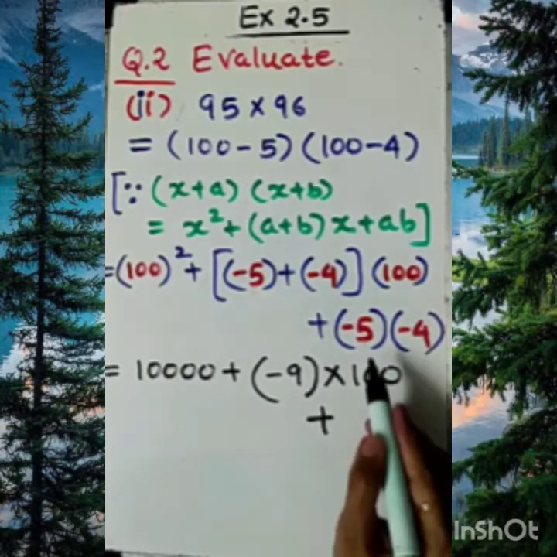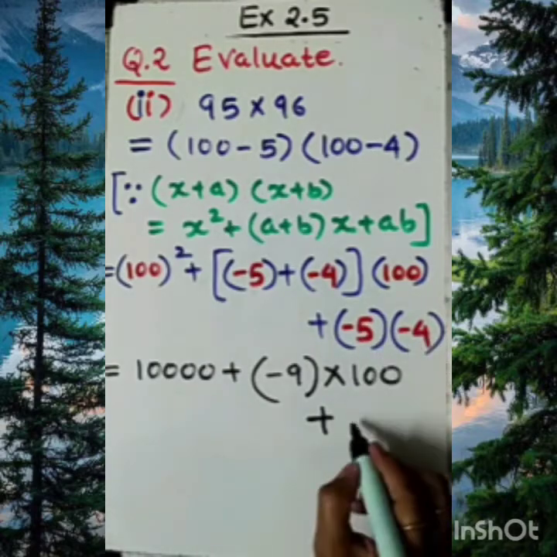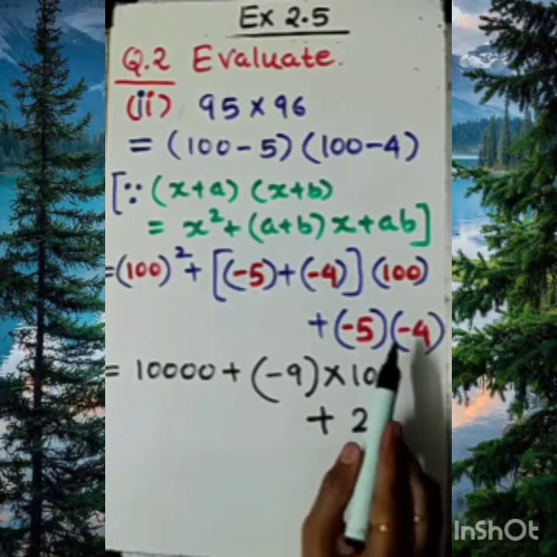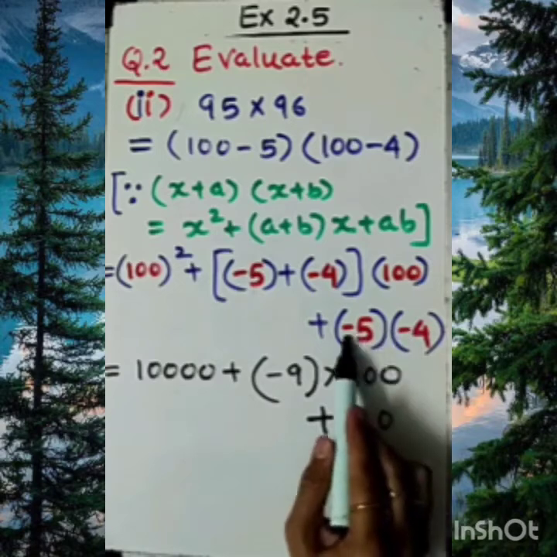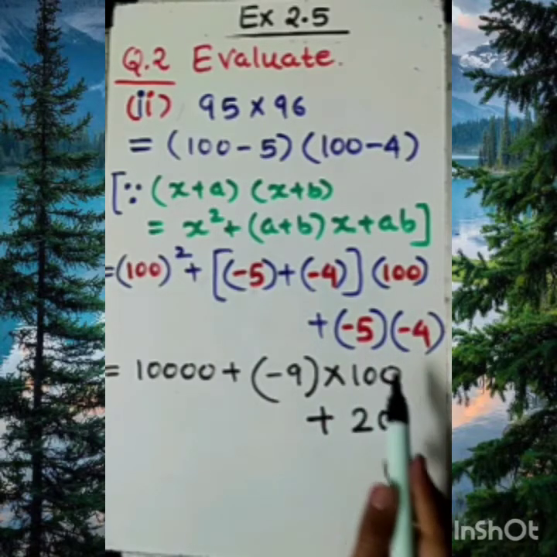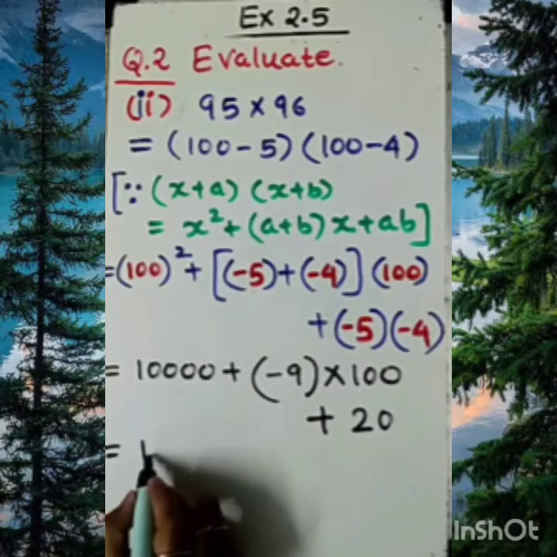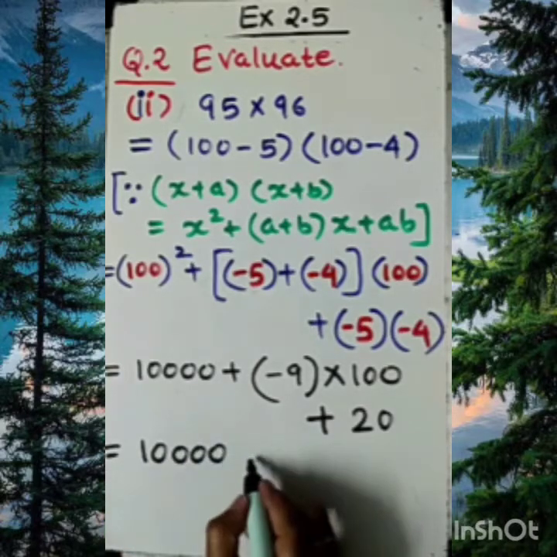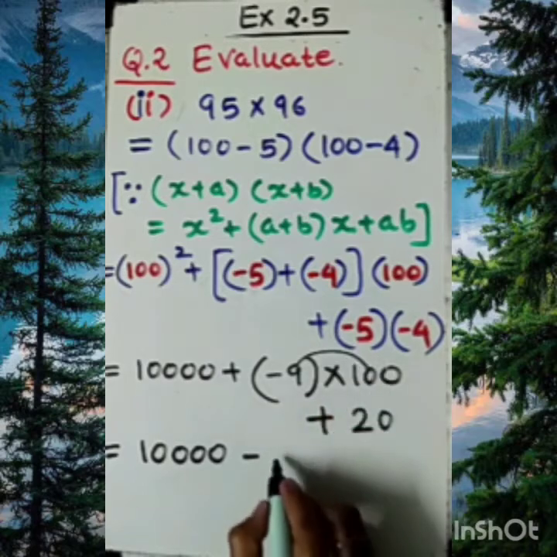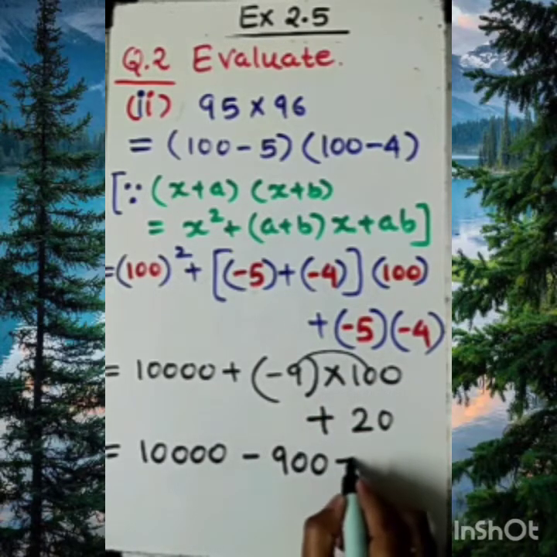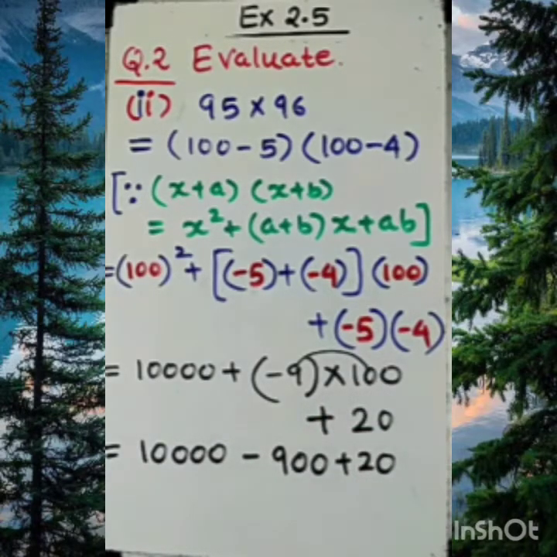Plus now 5 into 4, 20. But as we know in product, when both the numbers are negative, while multiplying they will become positive. So dear student, here it will be 10,000 minus 9 into 100 gives the result 900, and this is 20.